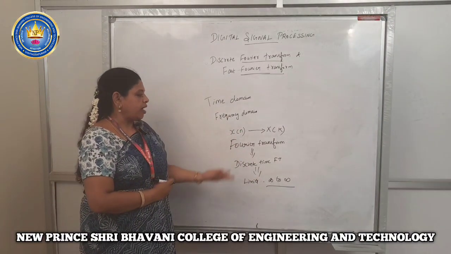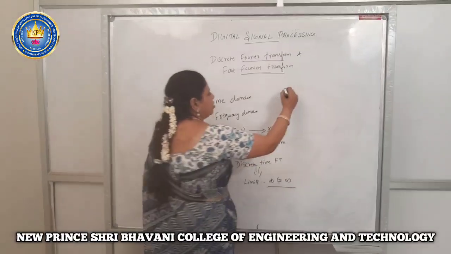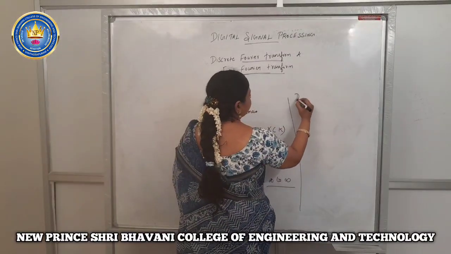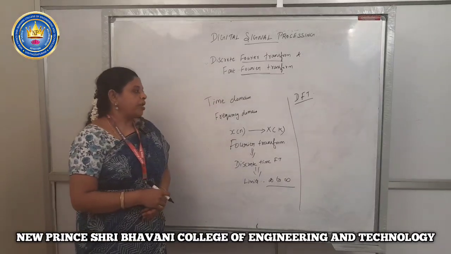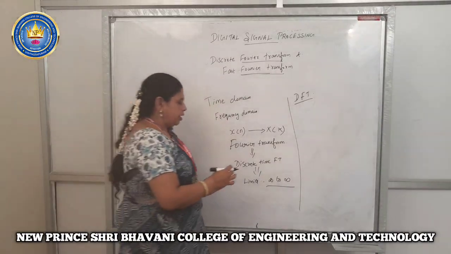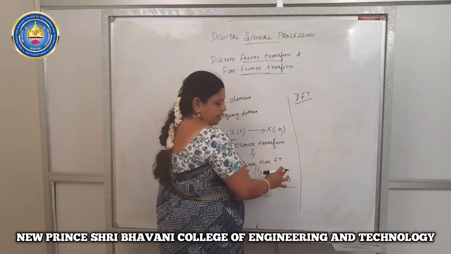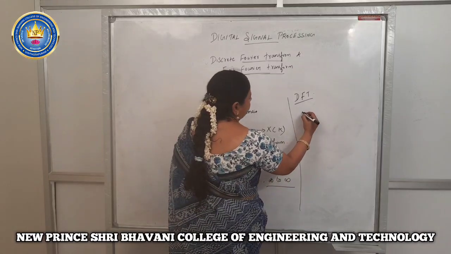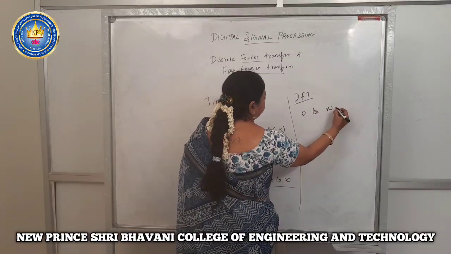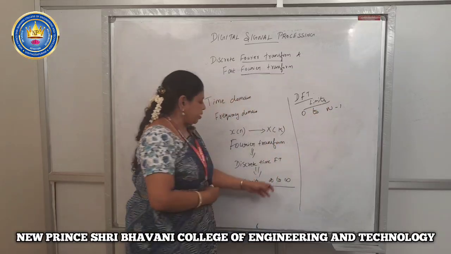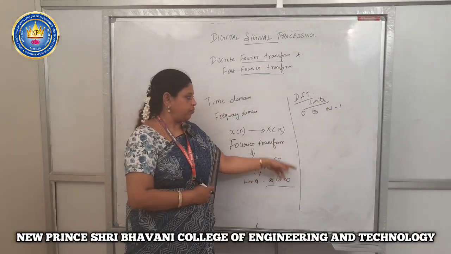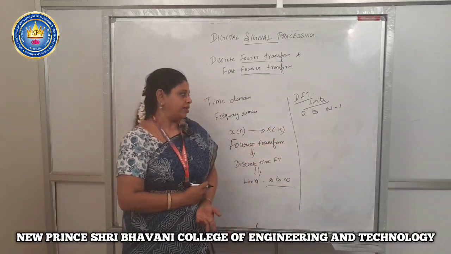So, I have to go for the other one, in which we opt for discrete Fourier transform, that is DFT. In DFT we are going to limit the signal range, that is, we are going to fix the limit as 0 to N minus 1. I am going to truncate the limits minus infinity to plus infinity to 0 to N minus 1.